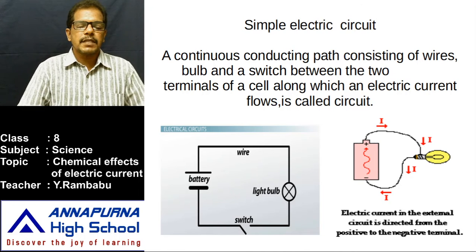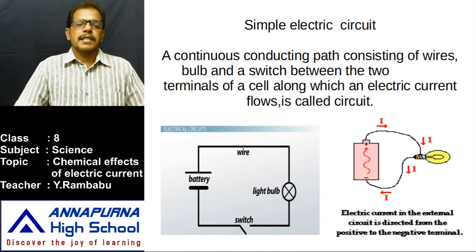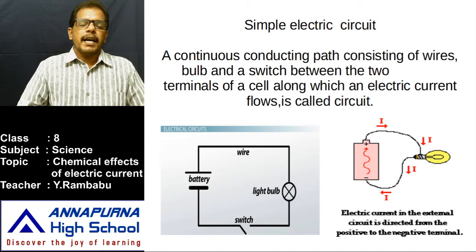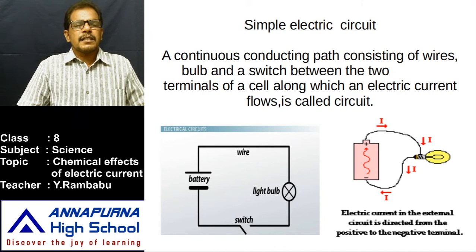What is the purpose of this switch? To close or break the circuit. Okay. If we turn on the switch, then it is a closed path. Then the charge is transferred, the bulb glows, then it is a closed circuit. If we turn off the switch, the circuit is open. Then there is no continuous and closed path.